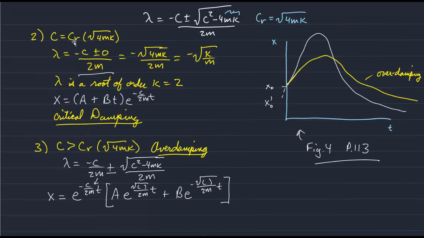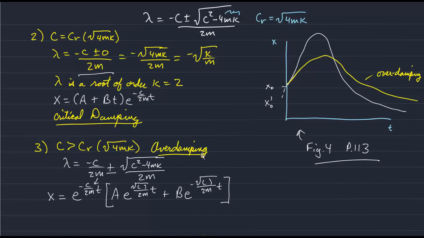If c is equal to the critical value, then we get the product of a linear increase in displacement versus time and an exponential decay. And eventually the exponential decay wins out, and again the mass slowly goes to a 0 displacement and eventually stops moving.